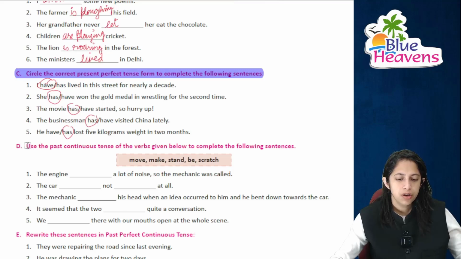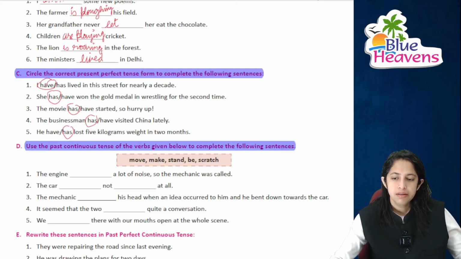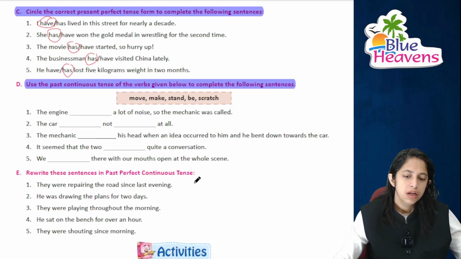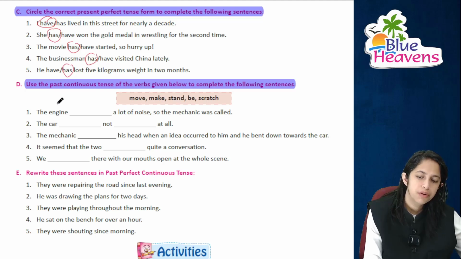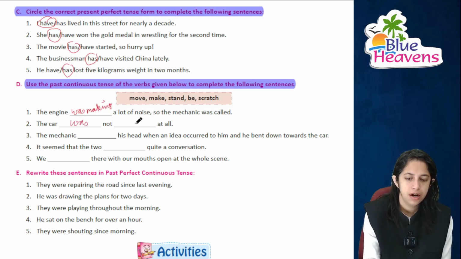Moving on to the next, you have to use the past continuous tense in order to complete these sentences. Past continuous: the engine was making a lot of noise, so the mechanic was called. The car was not standing.